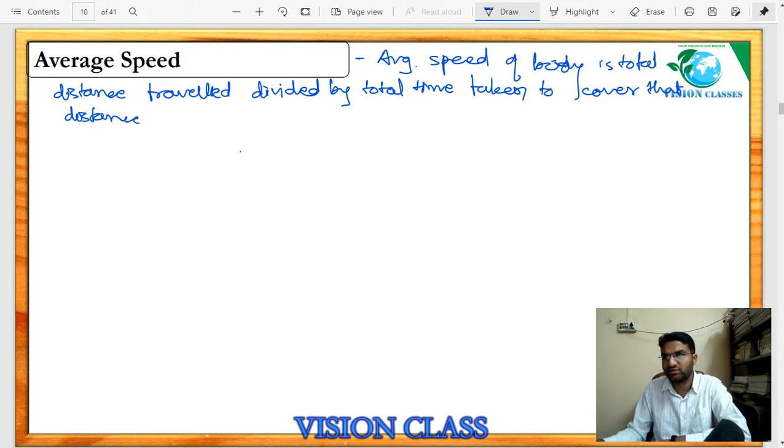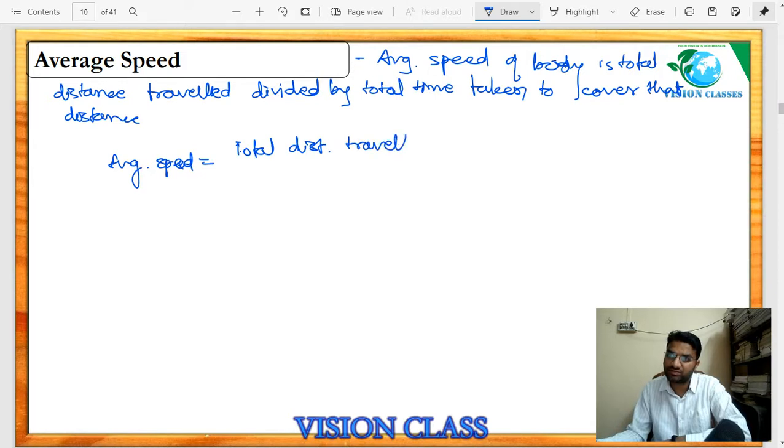So the formula is: average speed is equal to total distance traveled over total time taken.